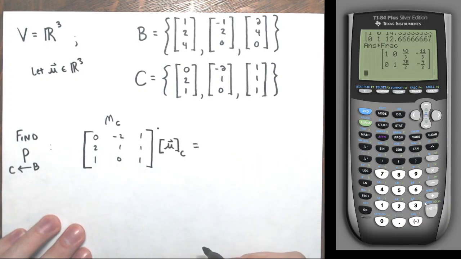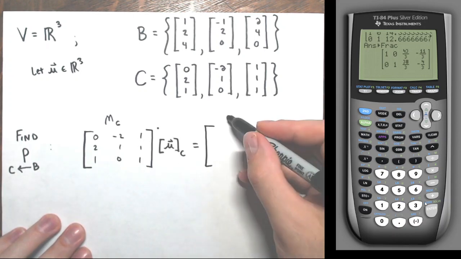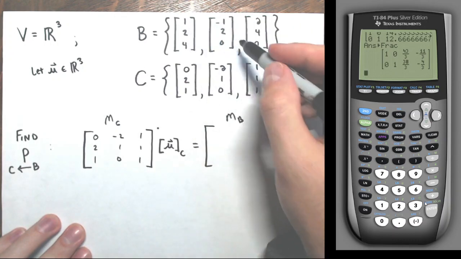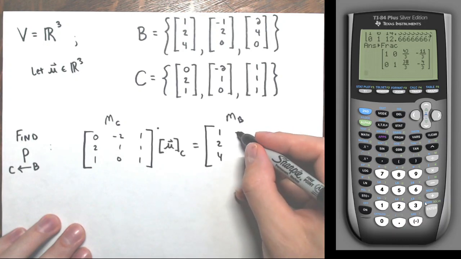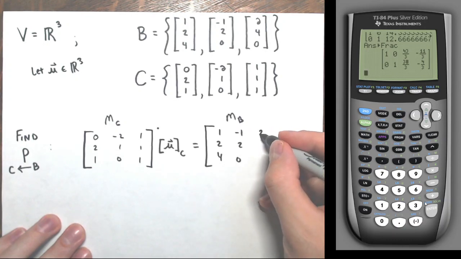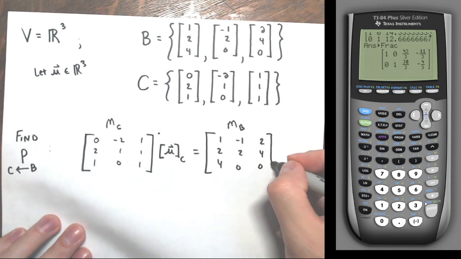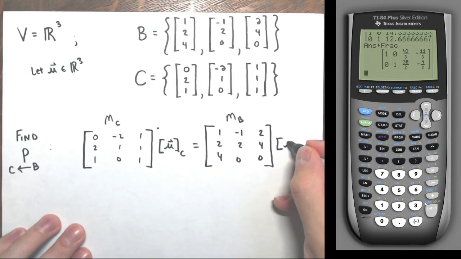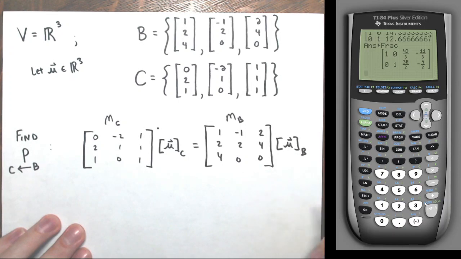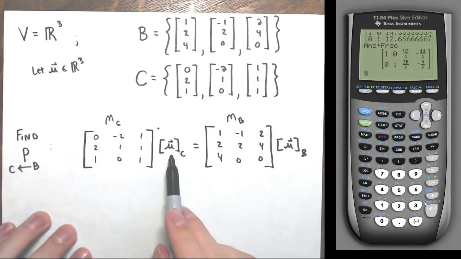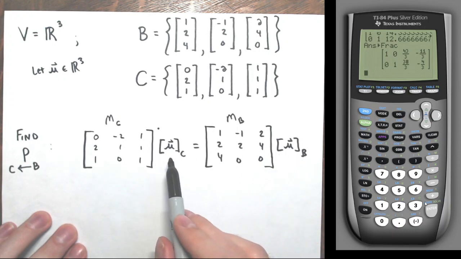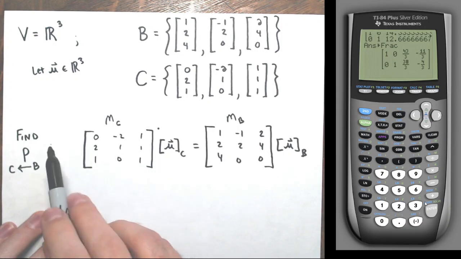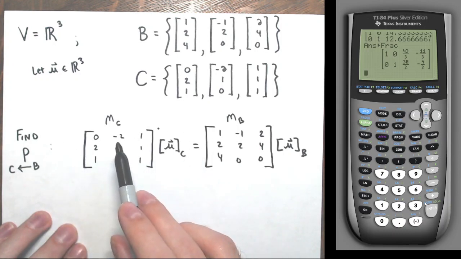That should be equal to the matrix MB, where the columns are the vectors from basis B, 1, 2, 4, -1, 2, 0, 2, 4, 0, times the coordinates of vector U with respect to basis B. The coordinates with respect to B would be known. I'd want to solve for the coordinates with respect to C. So I'd multiply both sides by the inverse of this MC.